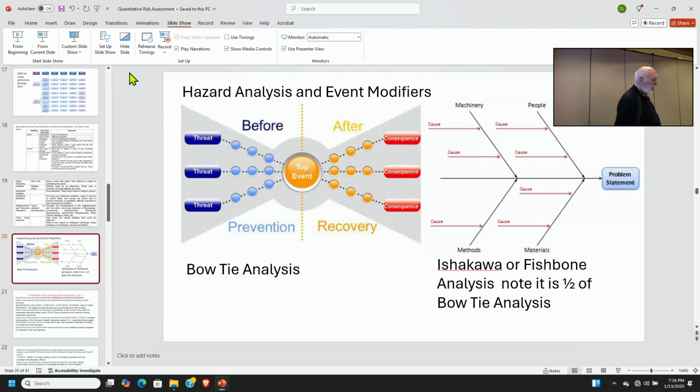One other way of looking at hazards is what we call bow tie analyses. Your main event, such as your failure, on your left there, you have the causes, your threats, and modifiers and sub-threats. Then you have your main event.